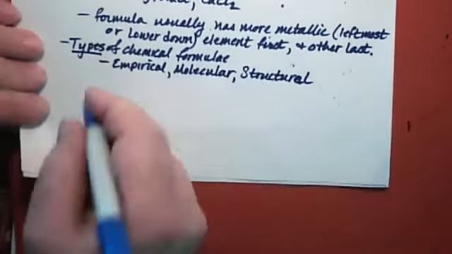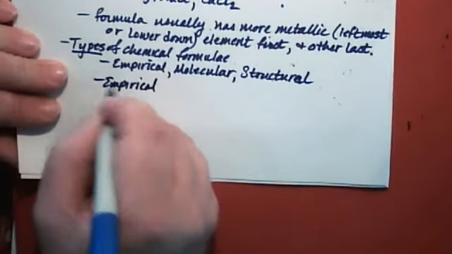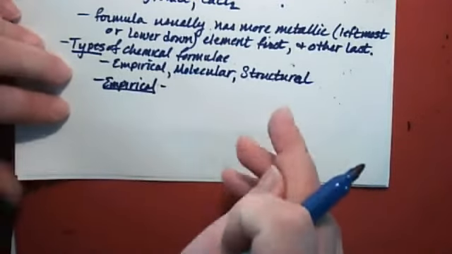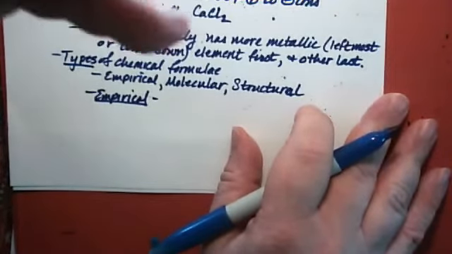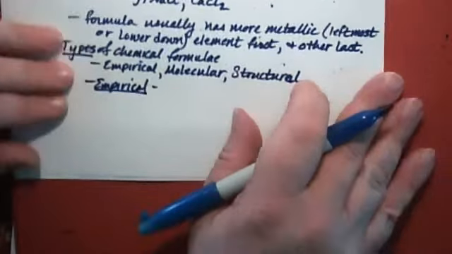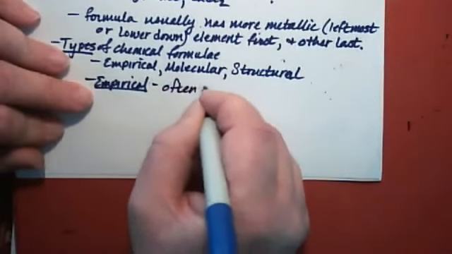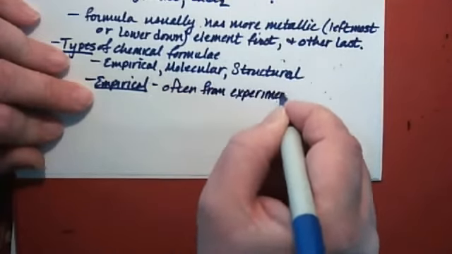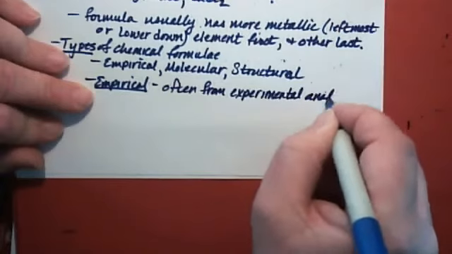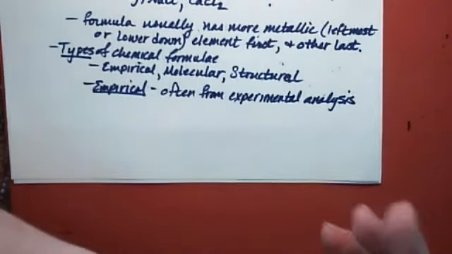So to get into those, the empirical formula is called empirical because the word empirical implies that something comes from experiment. The empirical formula is called that because it is often the result of some sort of chemical and experimental analysis.